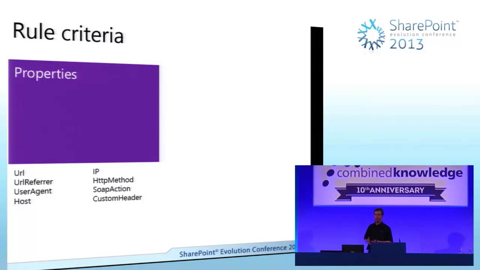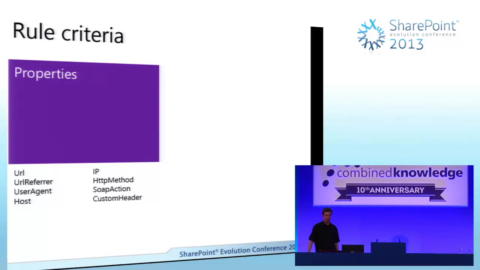And the custom header one gives us ultimate extensibility. Let's say we're a new SharePoint vendor, we've come up with a wonderful idea to build a rich client application that works with SharePoint. We could use one of those to integrate in with this feature.